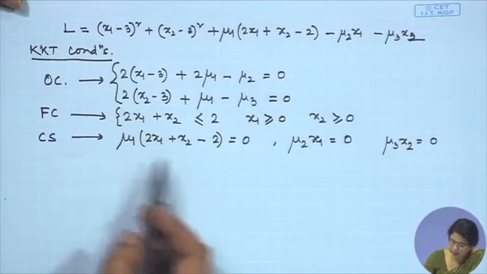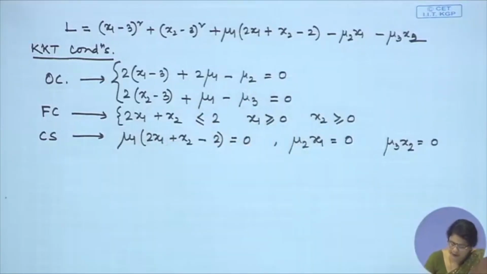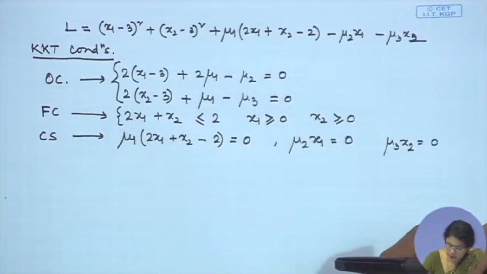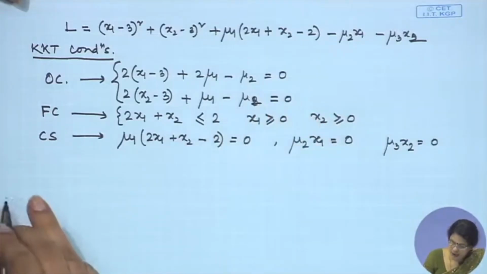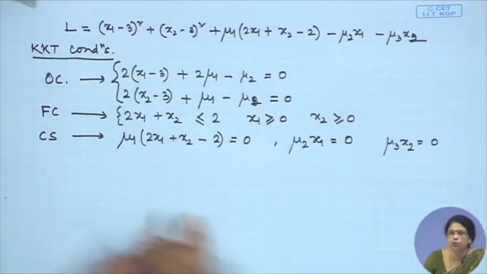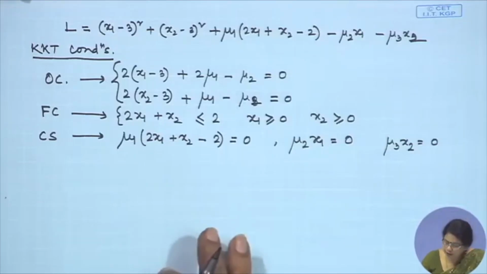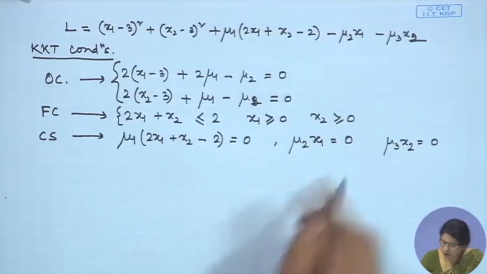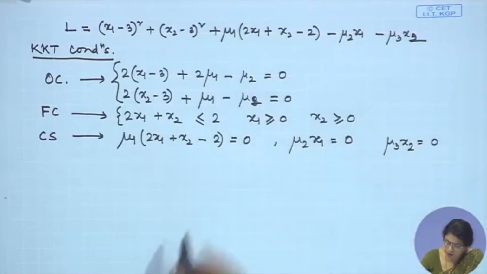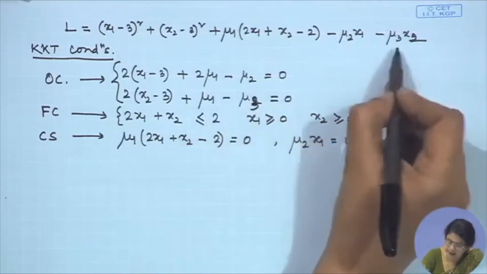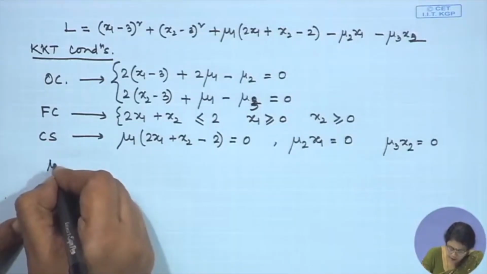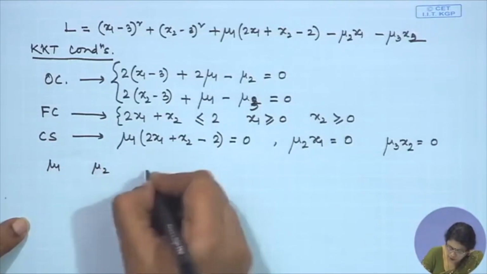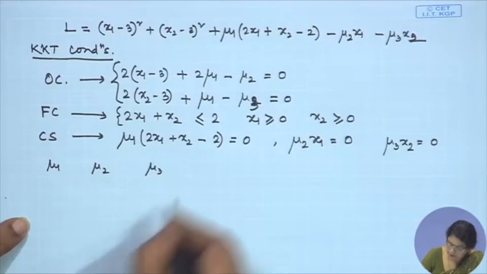Now, you see, if we have so many conditions together, we have unknowns like x1, x2, mu1, mu2, mu3 as well, this is 3. Now, we can have mu1, mu2, mu3.